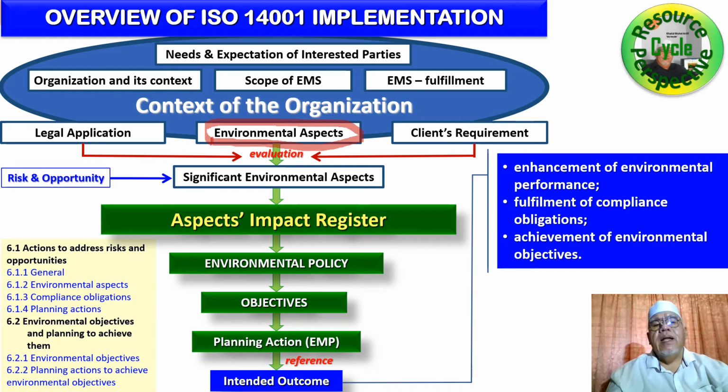Once that is done, we go for a systematic evaluation to identify the significance of the environmental impacts derived from them, how these environmental aspects interact with the environment, and how severe their impacts would be.